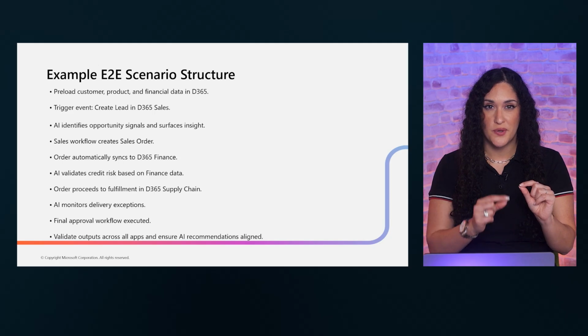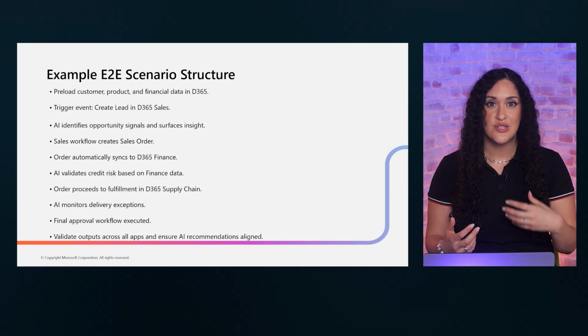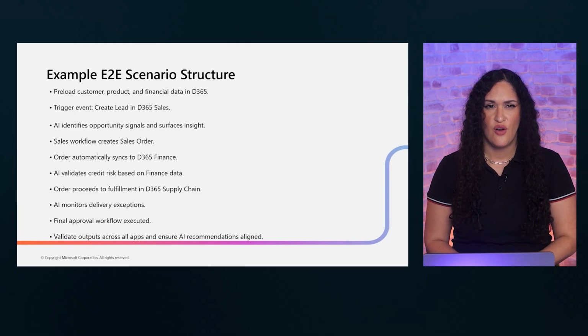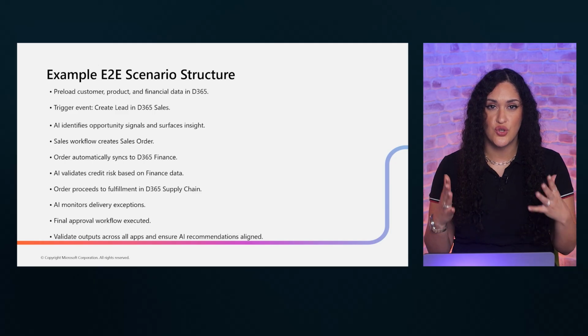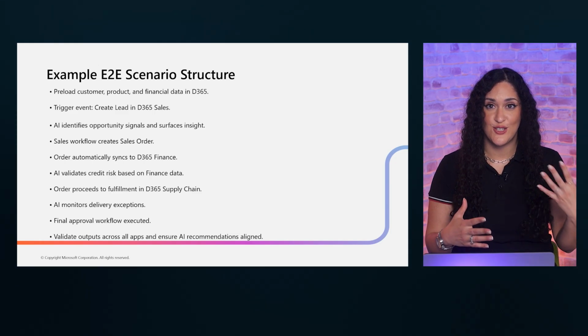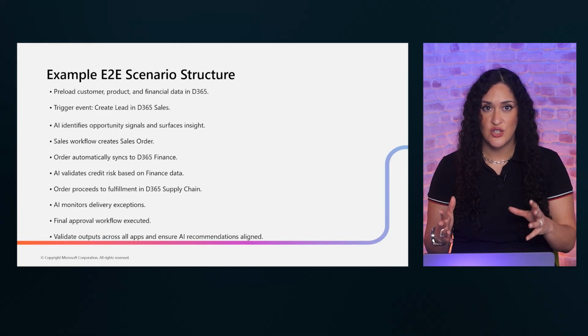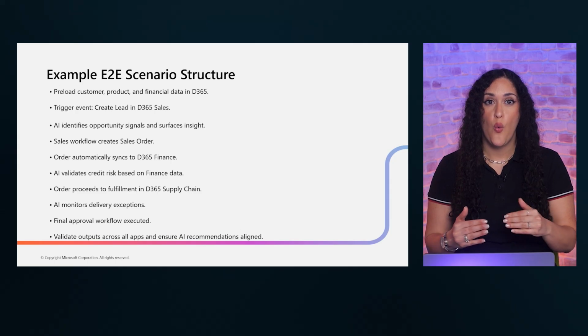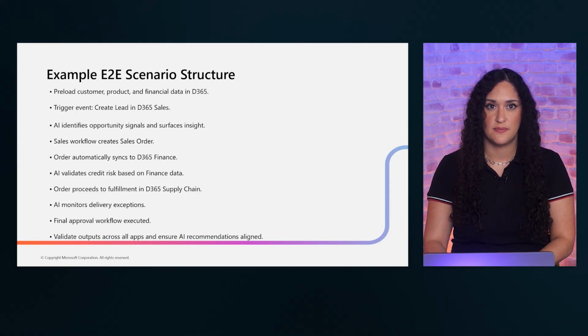The order proceeds to fulfillment in supply chain, where AI monitors delivery exceptions. Finally, the approval workflow executes and you validate outputs across all apps. Here, notice how this scenario tests AI decisions at multiple points. Your end-to-end tests should validate AI actions wherever they occur, not just at the final output.